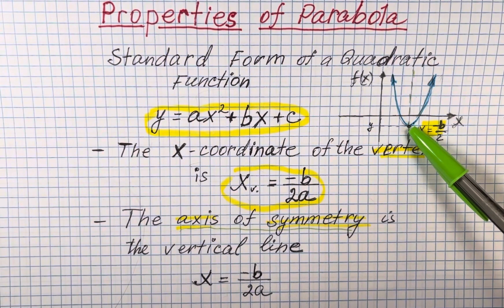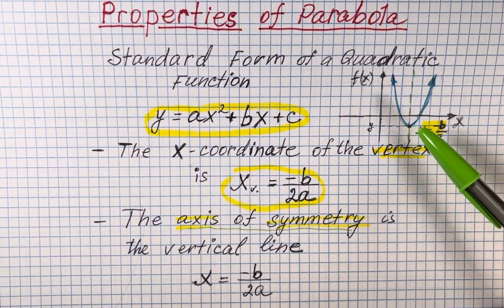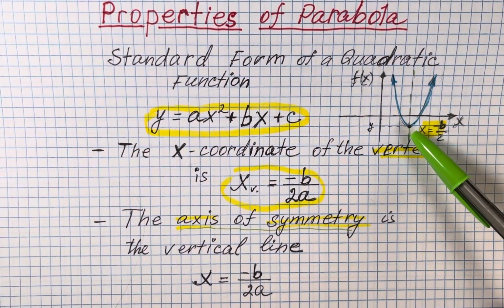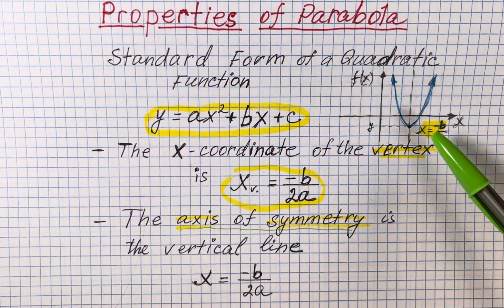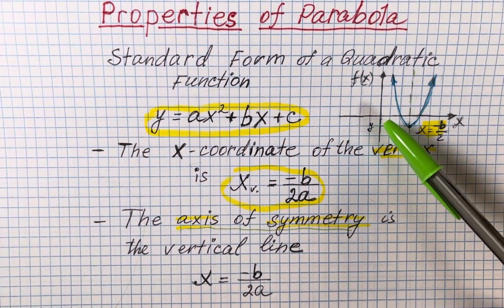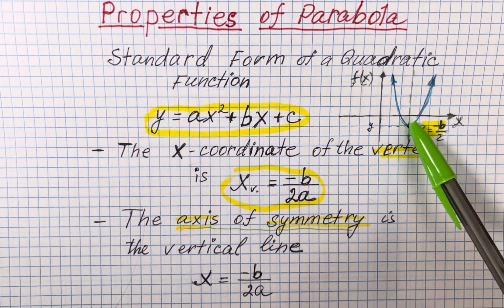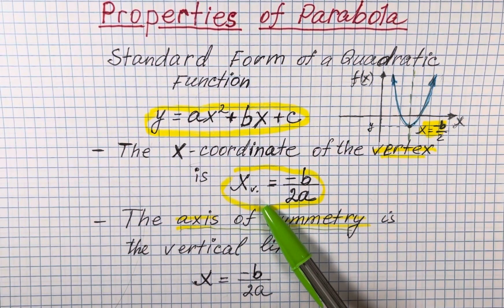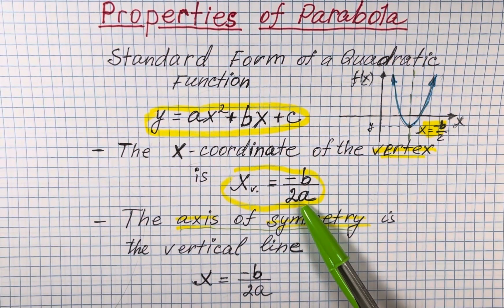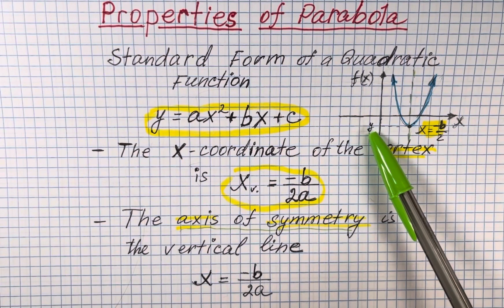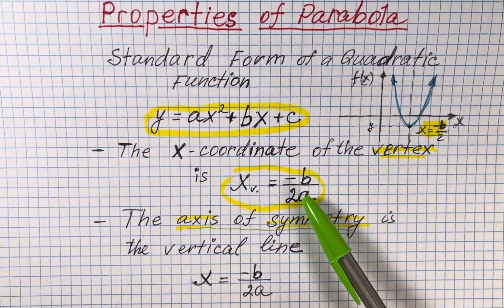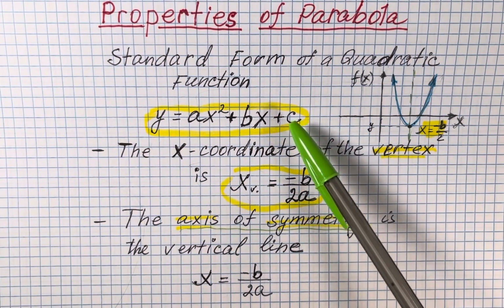It's called the vertex of the parabola. The vertex has two coordinates, x and y. To find the x coordinate of the vertex, we apply this formula, negative b over 2a. To find y, we just plug that value into the original equation.